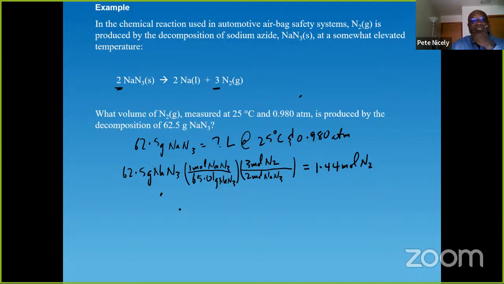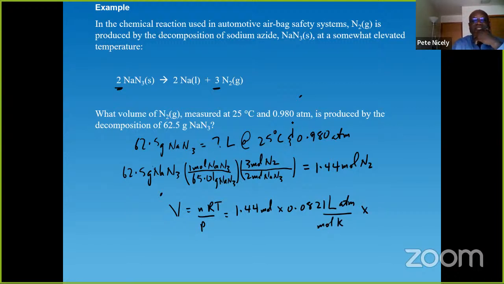And then now, to get the volume, that's where the ideal gas equation comes in. V would be equal to nRT over P. So n is equal to 1.44 moles times R, which is 0.0821 liter atmospheres over mole Kelvin, times the temperature.